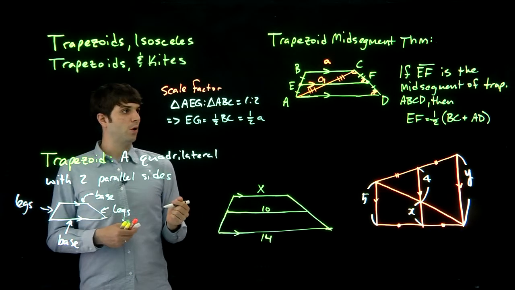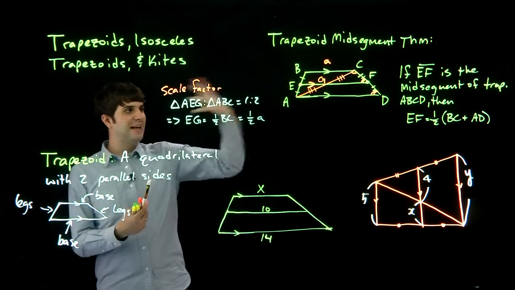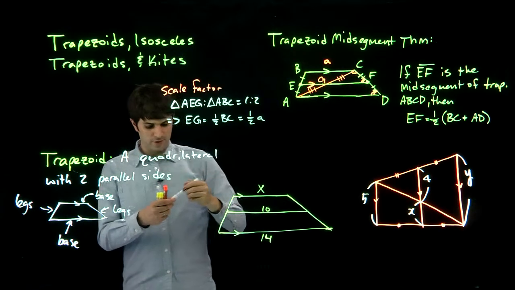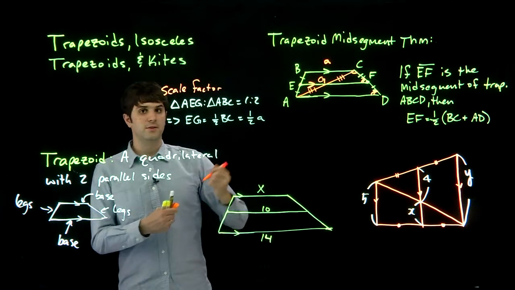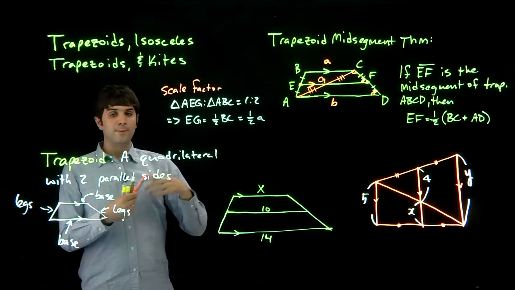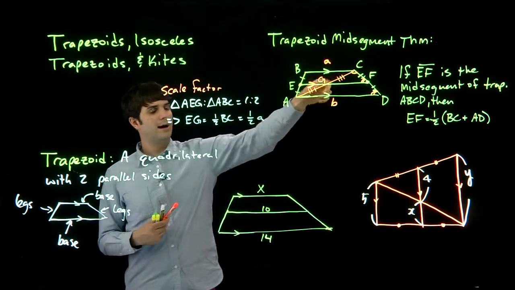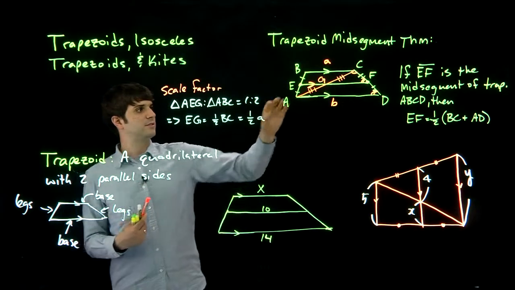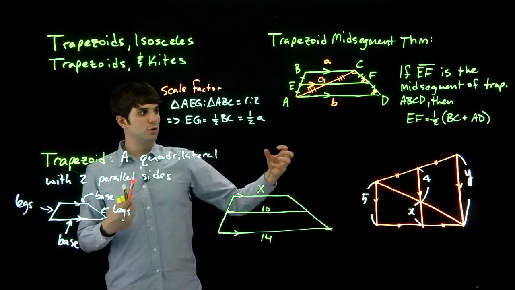By the exact same argument, let's call this distance B. By the same logic, these two triangles are similar, so their sides are proportional, a ratio of 1 to 2.